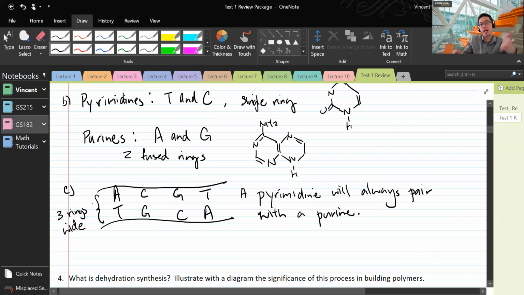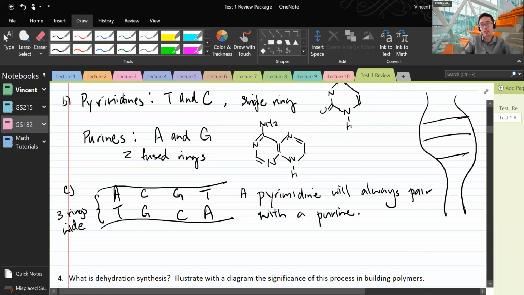Imagine a ladder, right? You want the distance between the two sides, like the handles where you put your hands on, the rungs to be the same length, right? It would be weird to have a ladder where some part is longer and some part is shorter. That doesn't make any sense. So in our DNA structure, we want to ensure that the width is consistent along the entire length of the DNA.